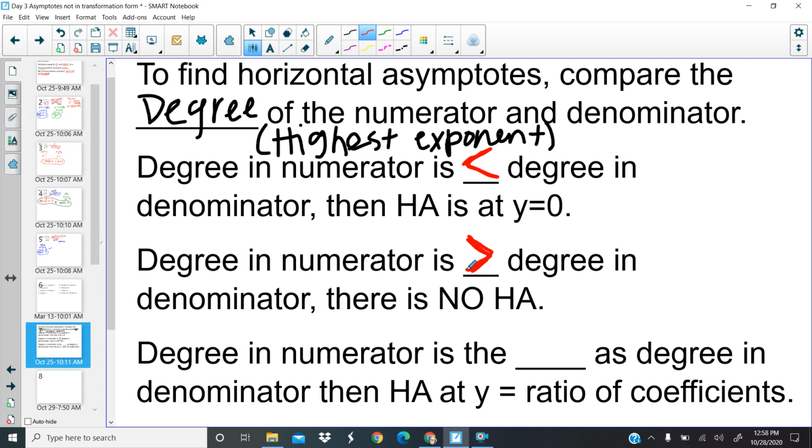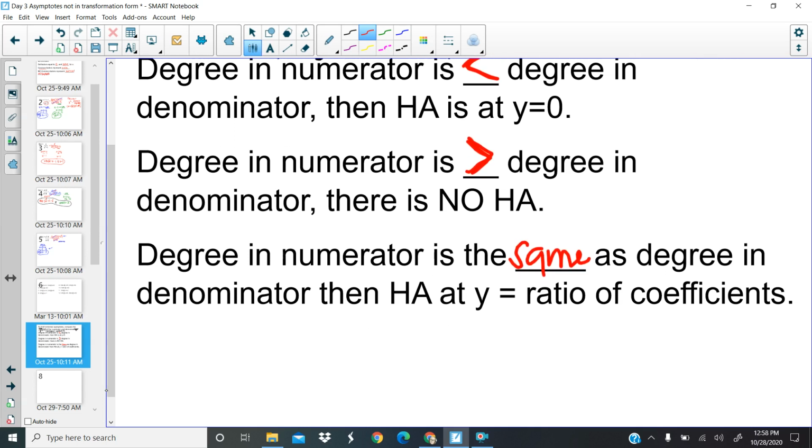And if they are the same, then the horizontal asymptote is going to be at the ratio of the coefficients. An example would be y equals 2x squared plus 3 over 3x squared minus 1.